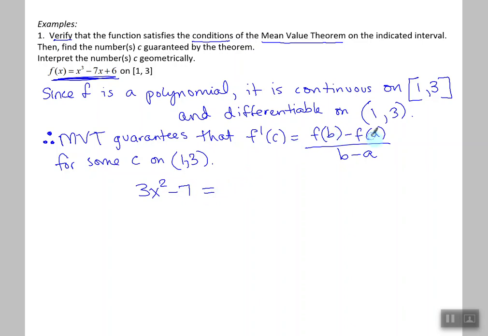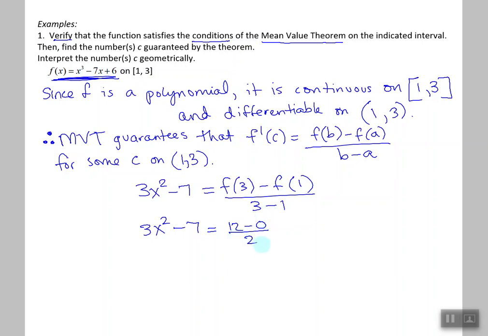Equals f of b minus f of a, so that's f of 3 minus f of 1 over 3 minus 1. So we've got 3x squared minus 7. F of 3, plugging 3 into our original function, gives us 12. F of 1, plugging 1 into our original function, gives us 0.